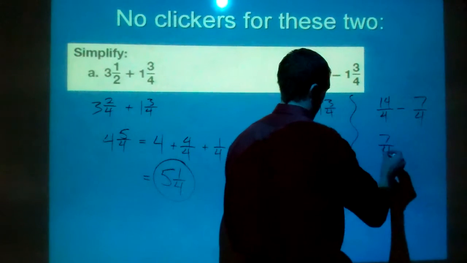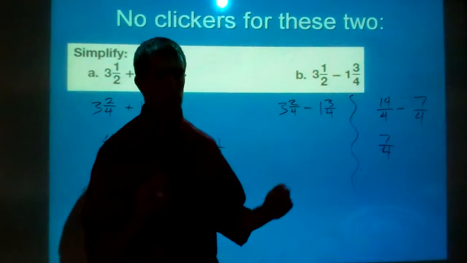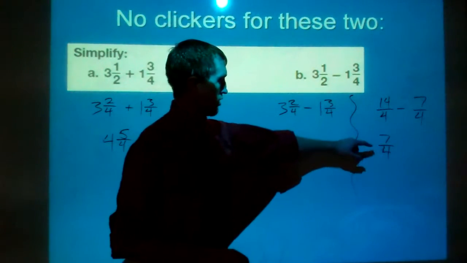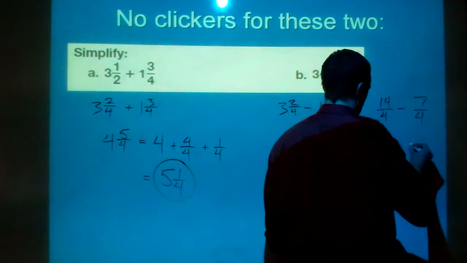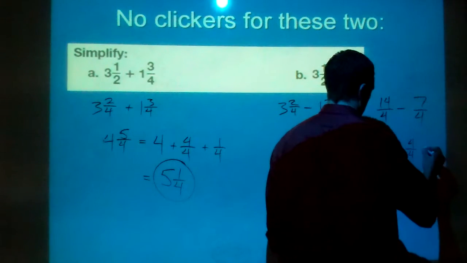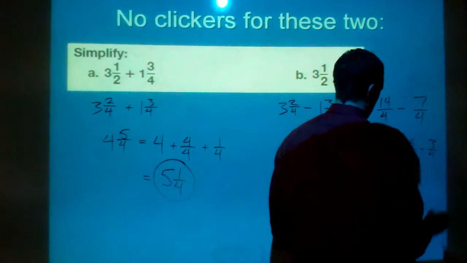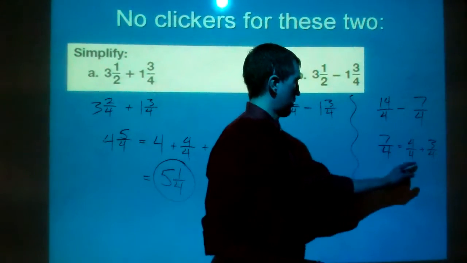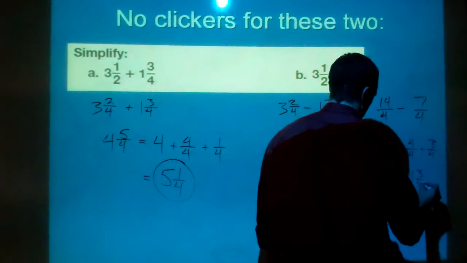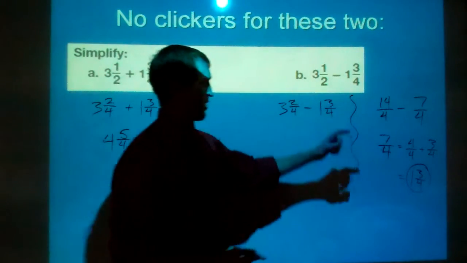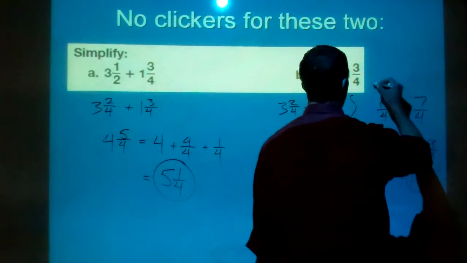This is the improper way to do it. Well, you know what I mean? If we turn this into a mixed number, another way to write this is 4 over 4 plus 3 over 4. So really we've got 1 and 3/4 left over. So 1 and 3/4. That's the improper fraction way to do it.